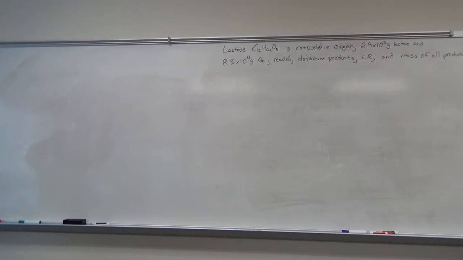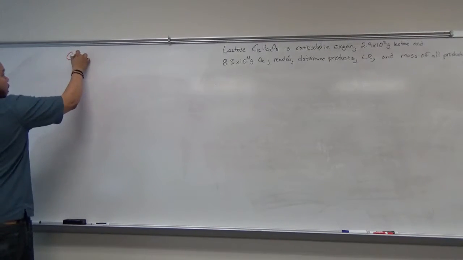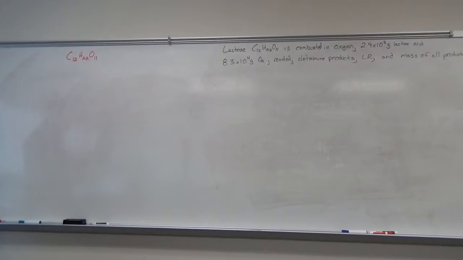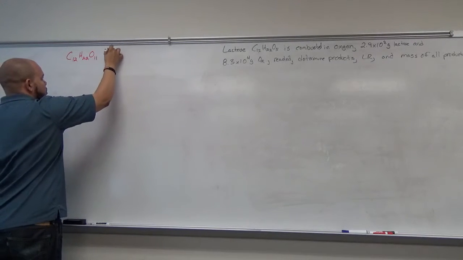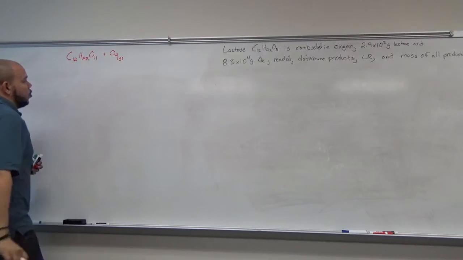All right, so we got a combustion reaction. We know lactose's formula, C12H22O11. This is a carbohydrate. This is no longer a hydrocarbon. So most of our examples thus far, we were using octane, hexane, hydrocarbons. And we know a combustion reaction involves CO2 and water.